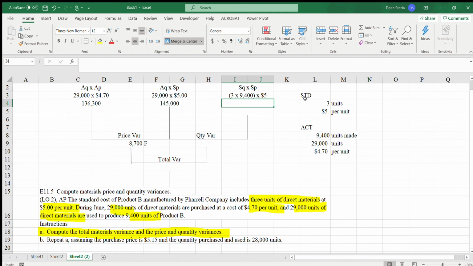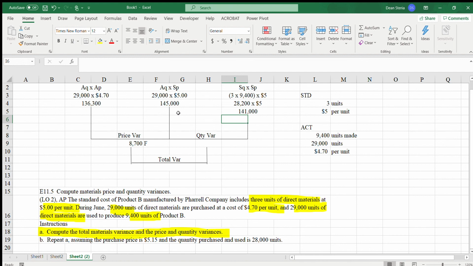And so 3 times 9,400 gives me 28,200. So 28,200 direct material units times my standard price of $5 gives me $141,000.